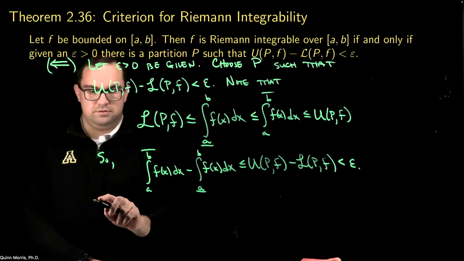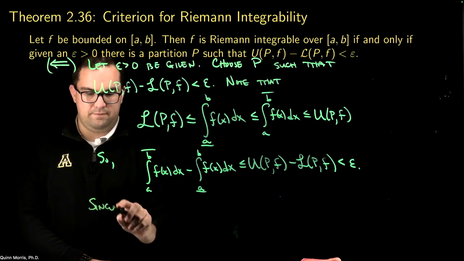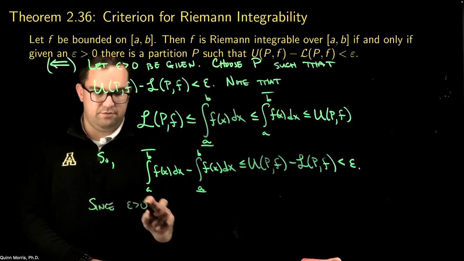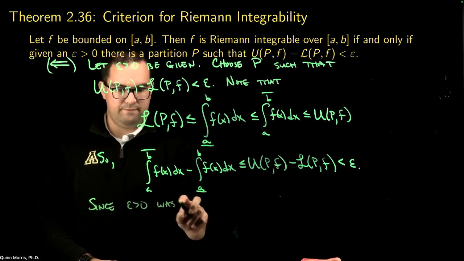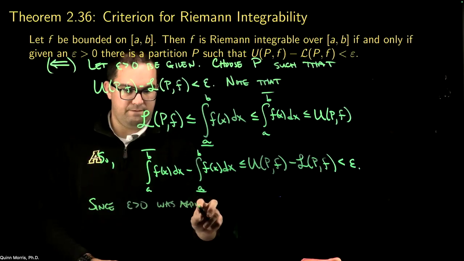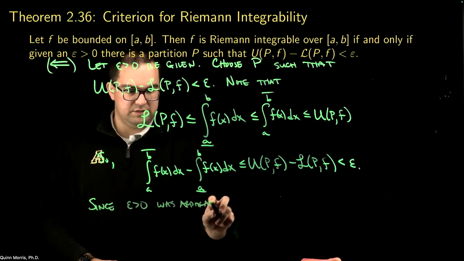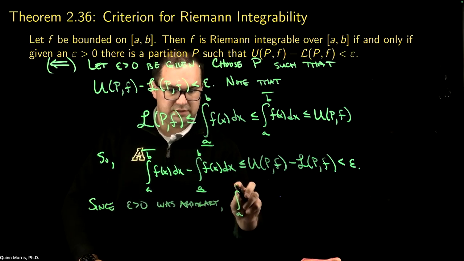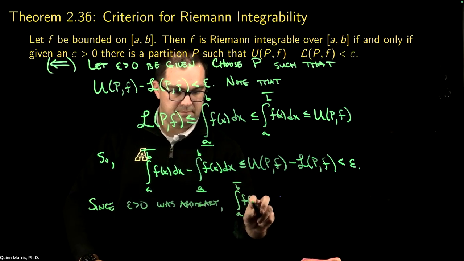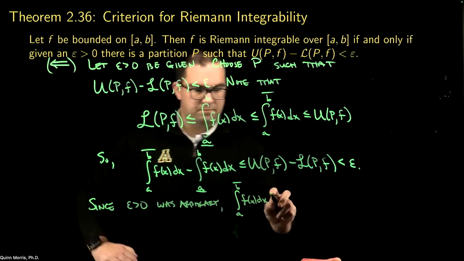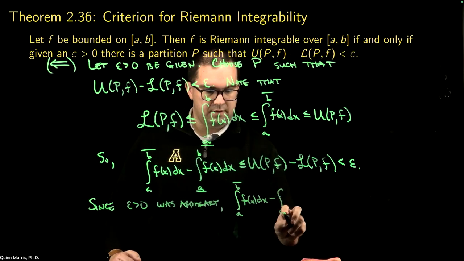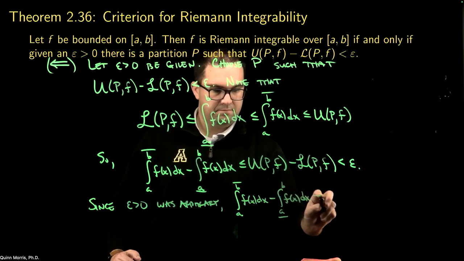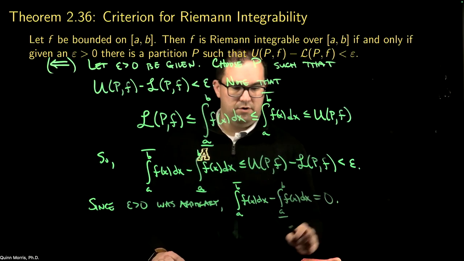Okay. So since epsilon greater than 0 was arbitrary, it must be that the difference between the upper integral and the lower integral must be 0.